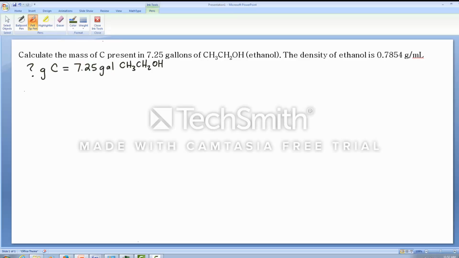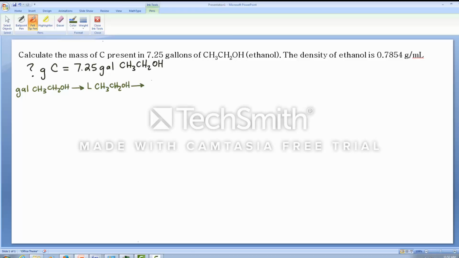Essentially what we want to do is go from gallons of CH3CH2OH to liters of CH3CH2OH.